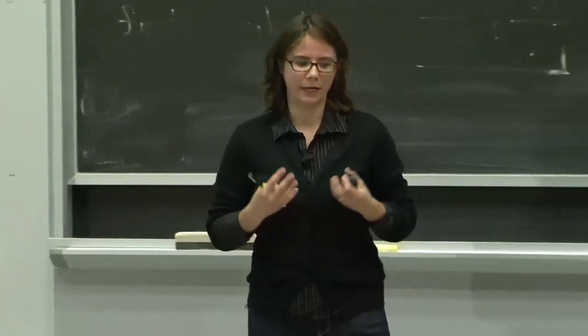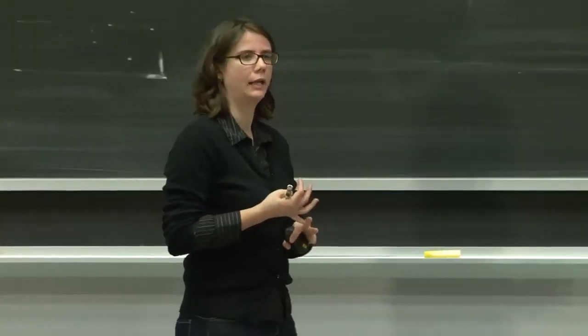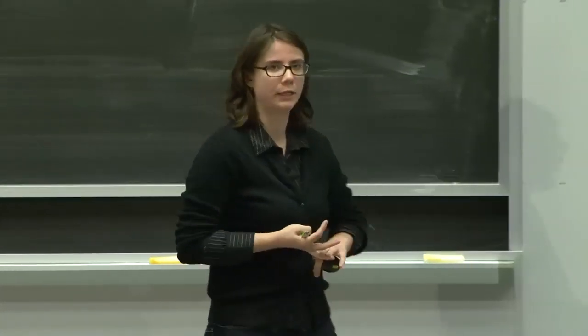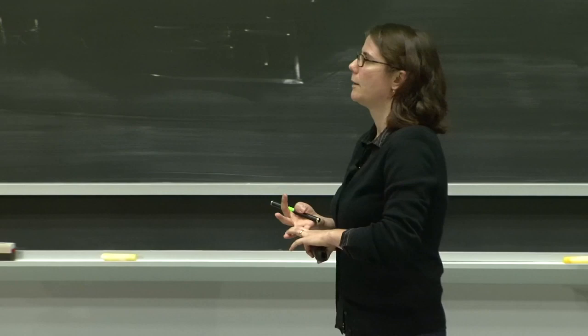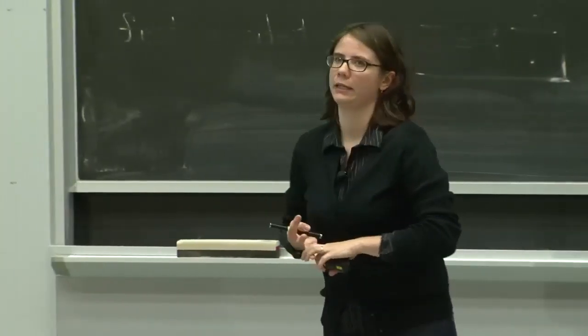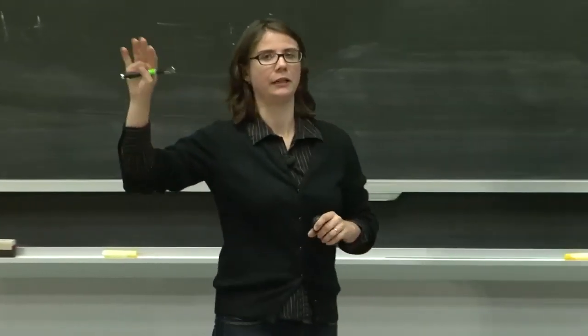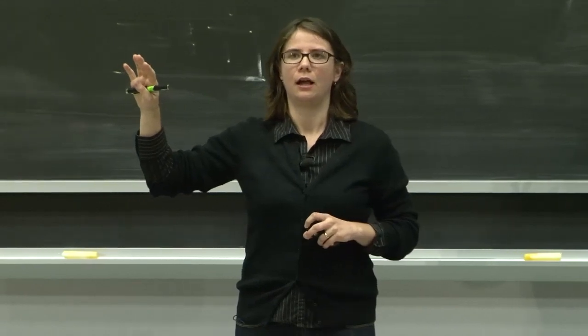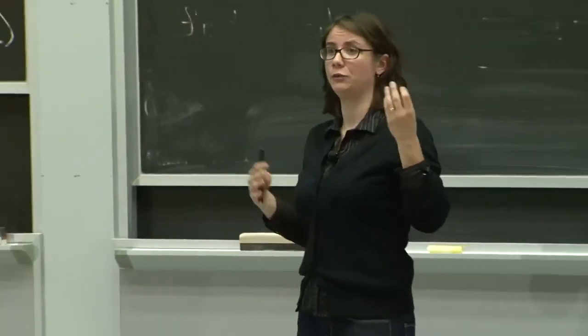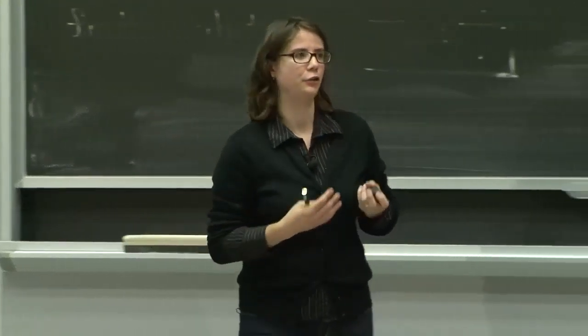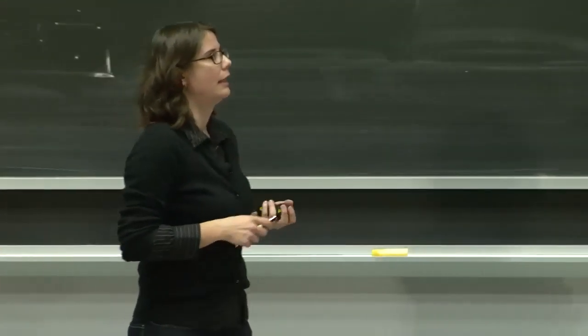Okay, so we have ways of creating expressions, and we have operations we can do on objects. But what's going to be useful is to be able to save values to some name. And the name is going to be something that you pick, and it should be a descriptive name.